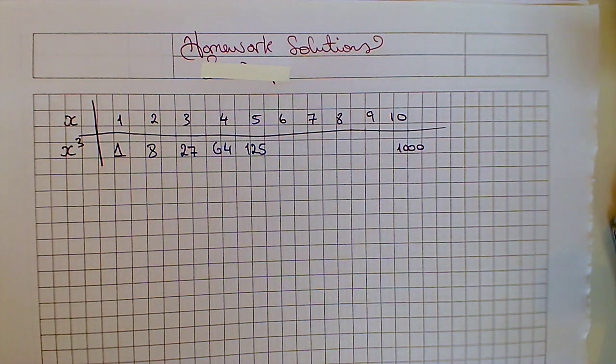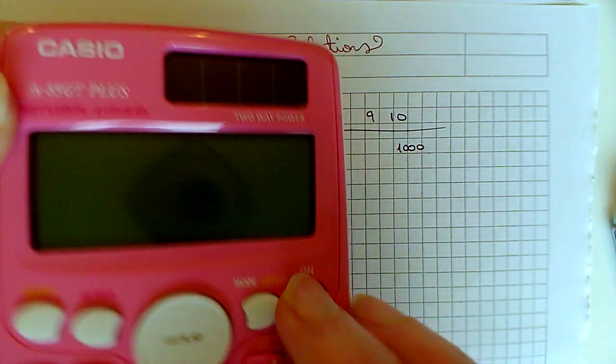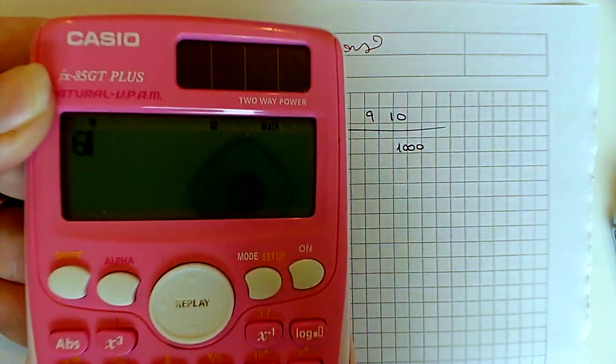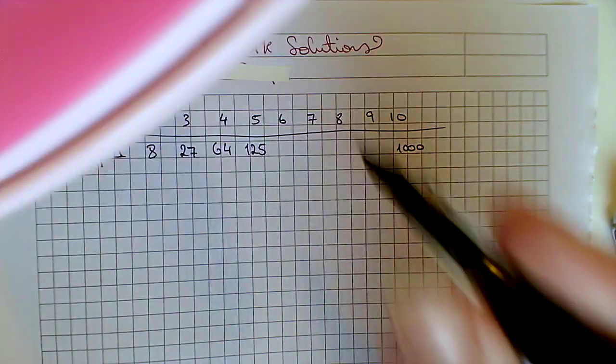So I would expect you now to know those without checking your calculator, but from then on, you might start to recognize, I think this is 216, 6 cubed is 216.